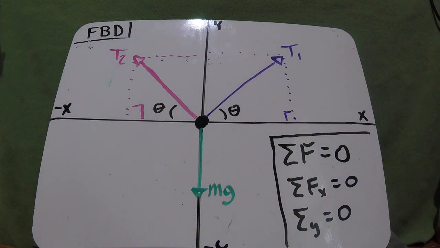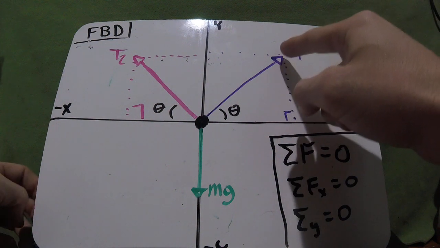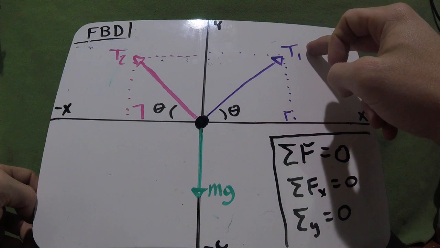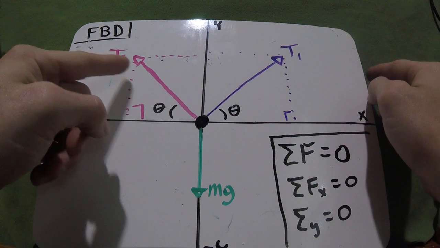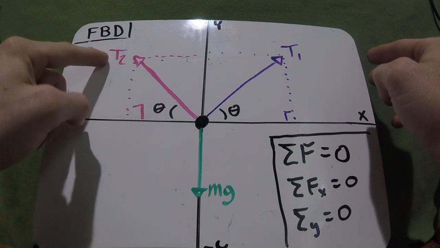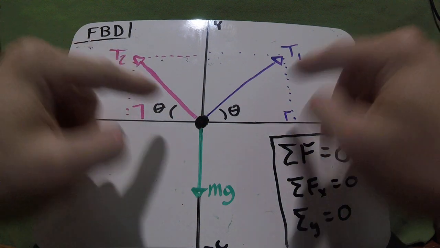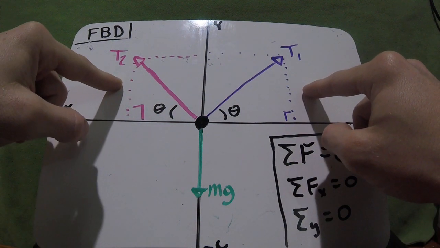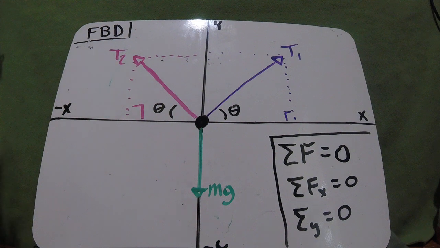If you remember the trigonometry that we previously discussed, you'll see that if I define this length as the magnitude of the force T1 and this length as the magnitude of the force T2, we can define the x length and the y length respectively for each one of these. So what I'm going to do is I'm going to work exclusively with T1 for just a minute, and then the principles will apply to T2.